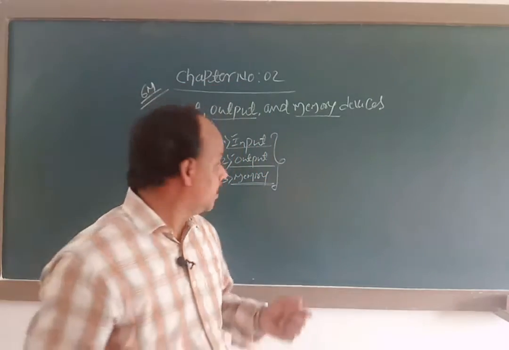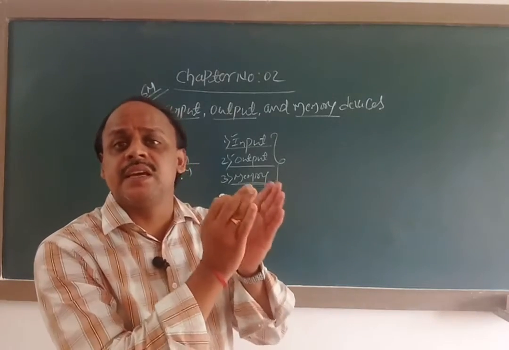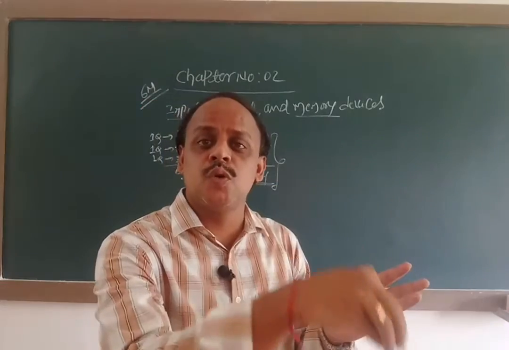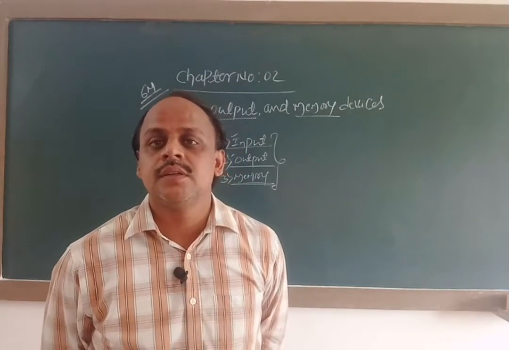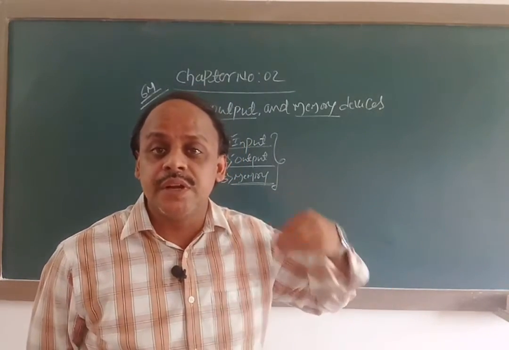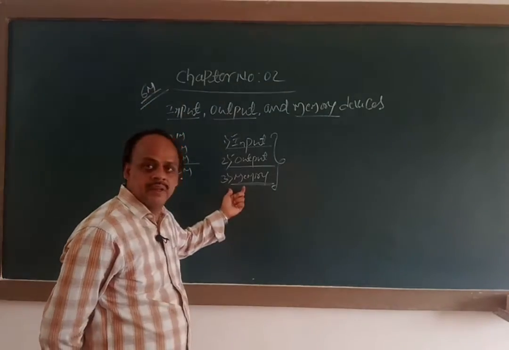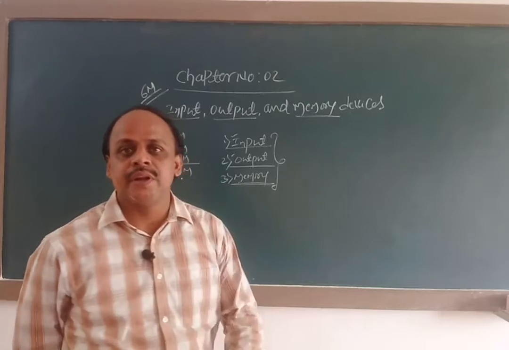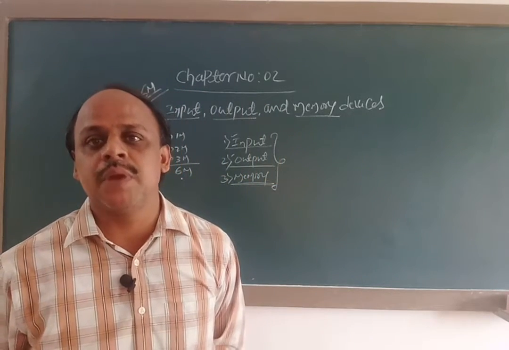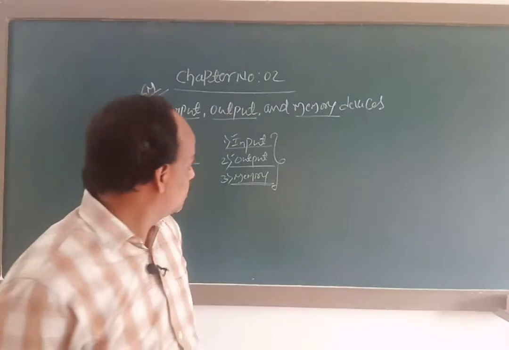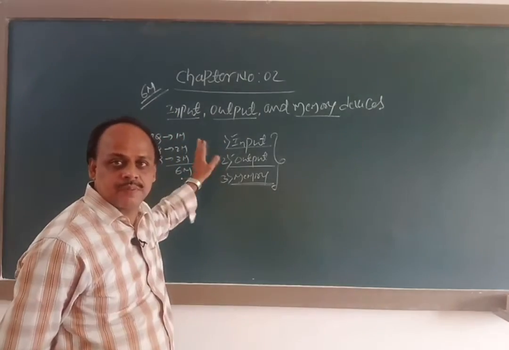Memory is a space where the user stores data for future purpose. In this way, we define input, output and memory. These are the concepts of the first chapter, right?